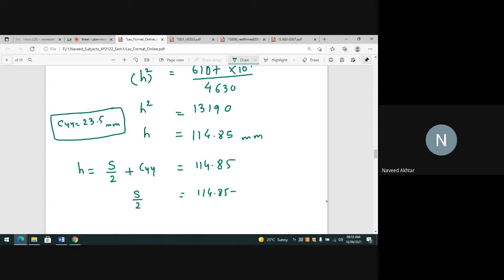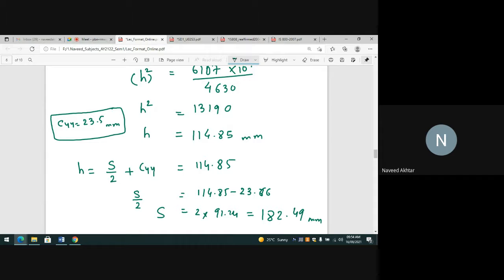So S by 2 is equal to 114.85 minus 23.5, which is 91.24. So S is equal to 2 times 91.24. The answer is coming 182.49 mm.